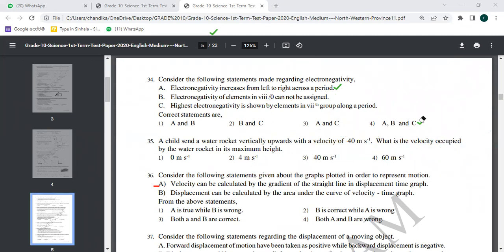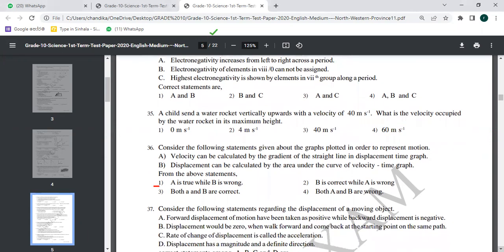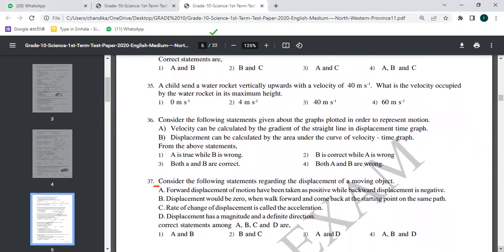Now, question number 35. A child sends a water rocket vertically upward with a velocity of 40 meters per second. What is the velocity of the water rocket at its maximum height?